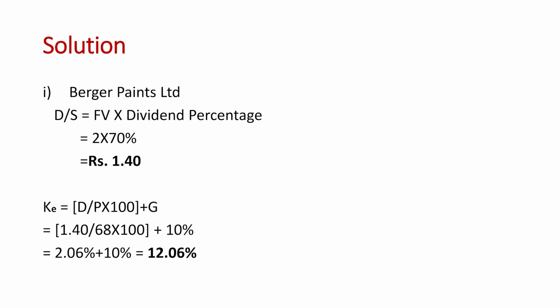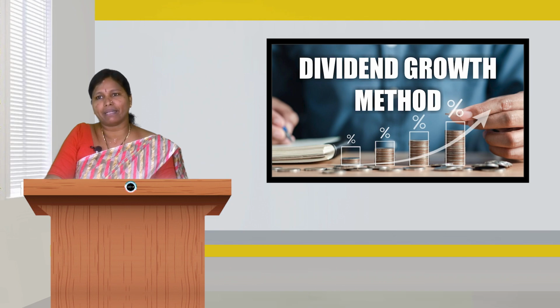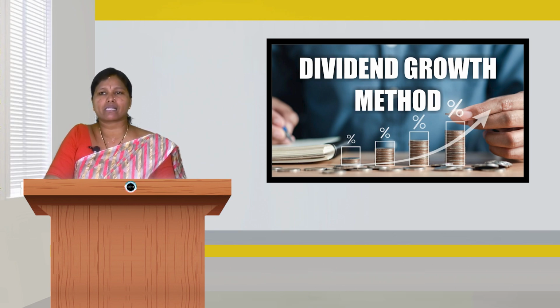You have to add that 10% to the calculated percentage. 1.40 divided by 68 into 100, we got 2.06% plus 10% we have to add. So we will get 12.06%. So this is the cost of equity of Asian Paints Limited and Burger Paints Limited under the dividend growth method.